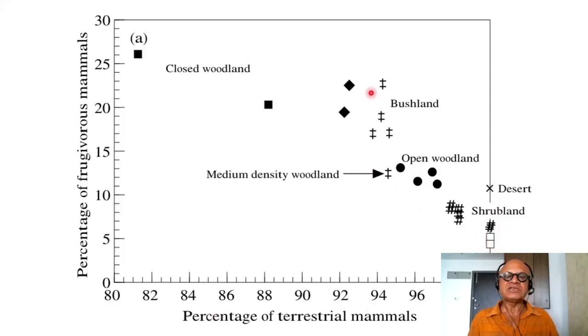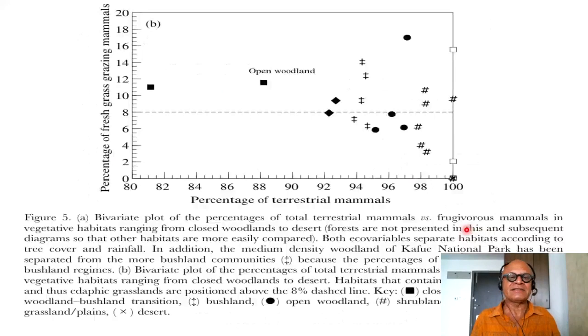Okay, this is just telling you that availability of resources was constantly a factor of vegetation, landscape, and there was an interaction between terrestrial mammals and percentage of frugivorous mammals. What does it indicate? As number of mammals increase, vegetation changes because mammals are also seeking certain vegetation, but frugivorous mammals also decrease along that axis.